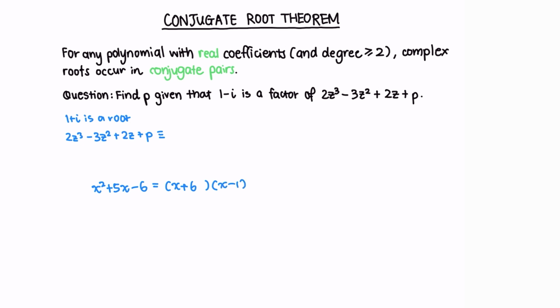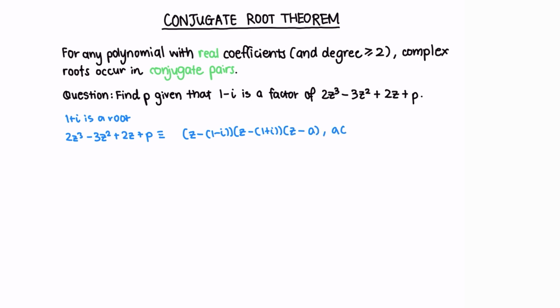And for a cubic, you can also express this in terms of all the roots, x minus alpha, x minus beta, and x minus gamma, where alpha, beta, and gamma are your three roots. So let's use this property. This will be equal to z minus your first root, which is 1 minus i, z minus your second root, which is 1 plus i, and z minus your third root, which we'll call a.